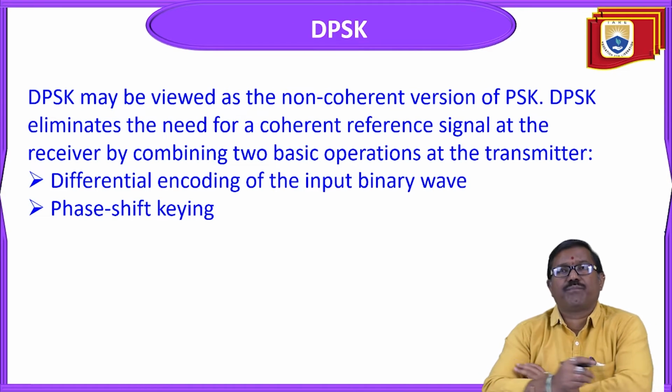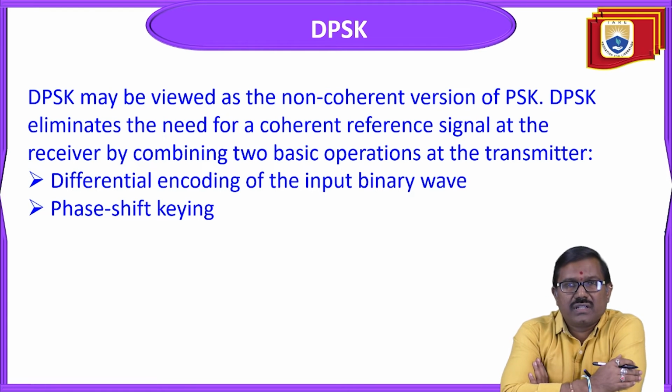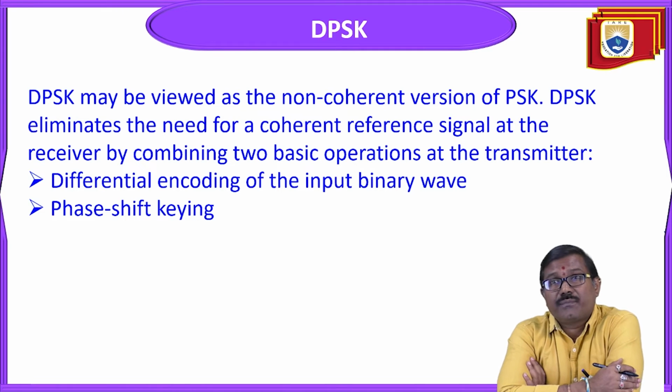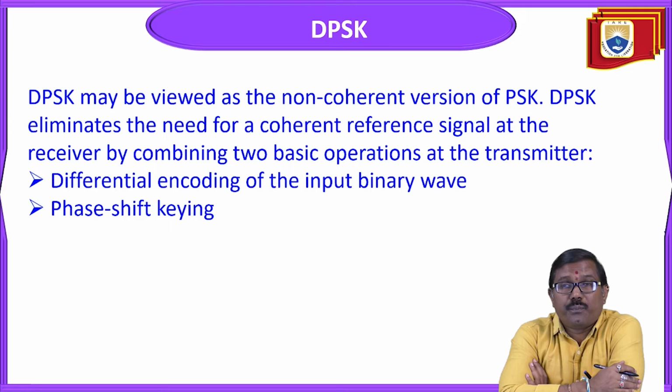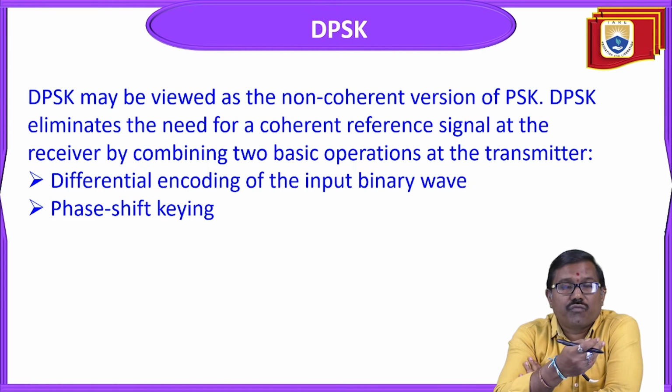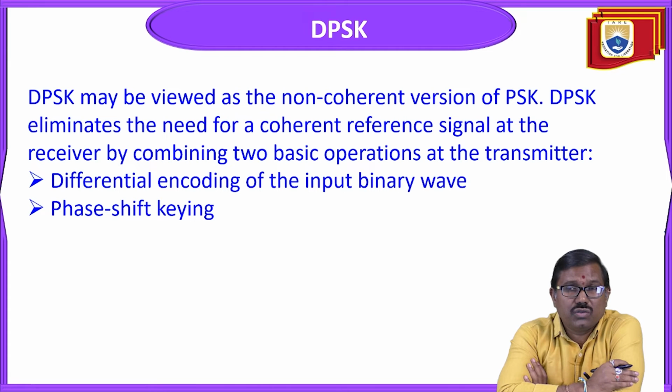And another one is DPSK. This is nothing but differential phase shift keying. This DPSK may be viewed as the non-coherent version of PSK. Why? Non-coherent means we are not using the phase, avoiding the requirement of a phase reference signal.